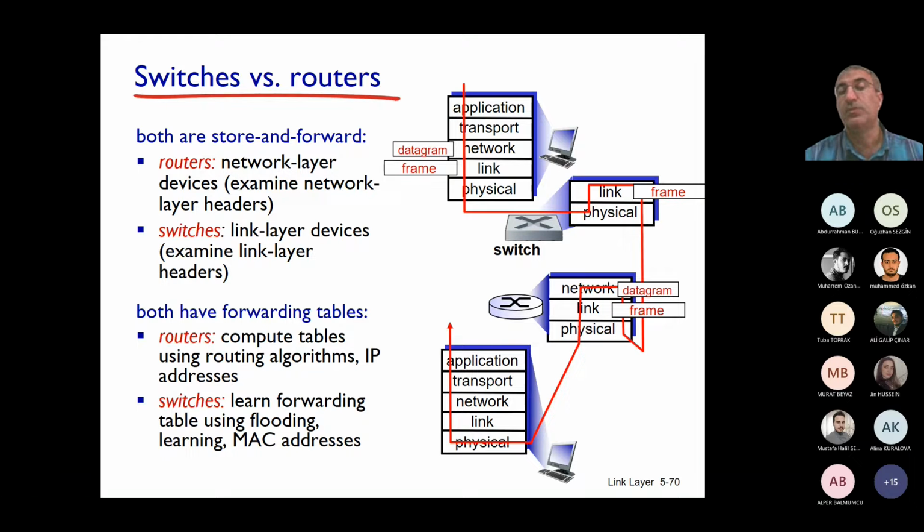Of course, in this case, we utilize the IP addresses. On the other hand, switches learn the forwarding table using flooding or the self-learning that we just learned, and it utilizes the MAC addresses compared to IP addresses at the network layer. So these are the main differences and similarities between switches and routers.